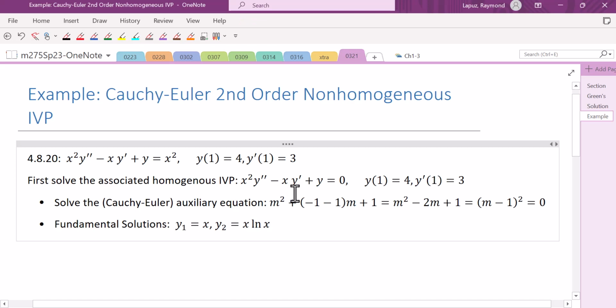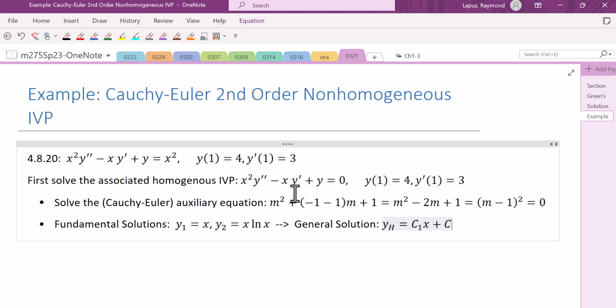And then your general solution, therefore, will look like y sub h is equal to some constant c1 times the first function plus some other constant c2 times the second function, which is x times ln x.